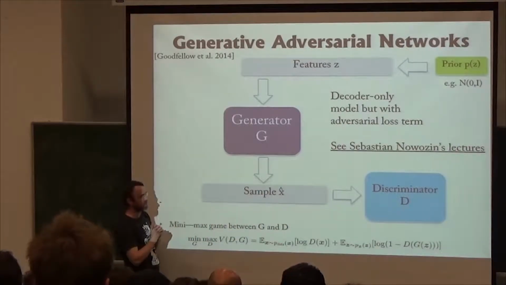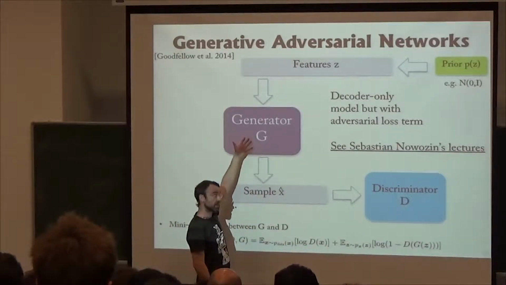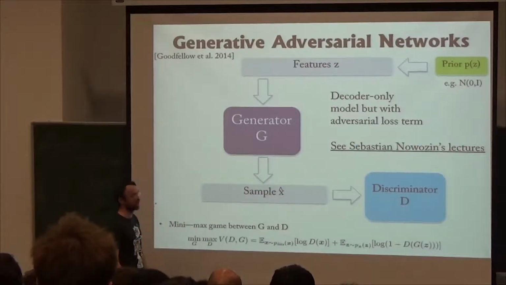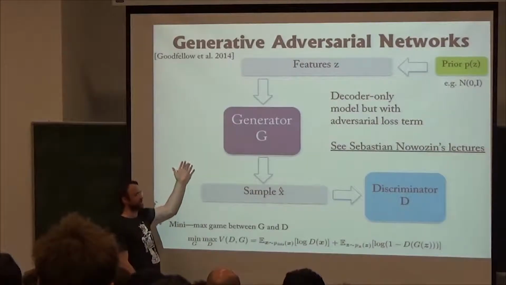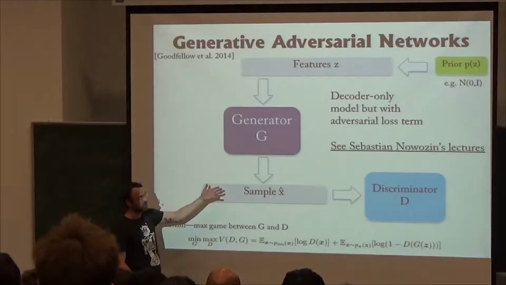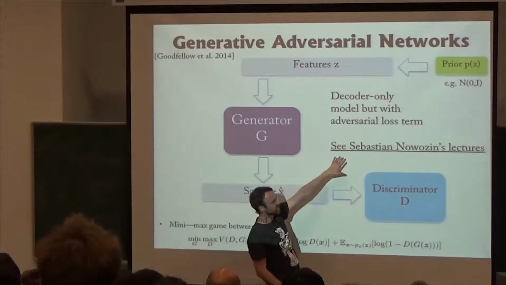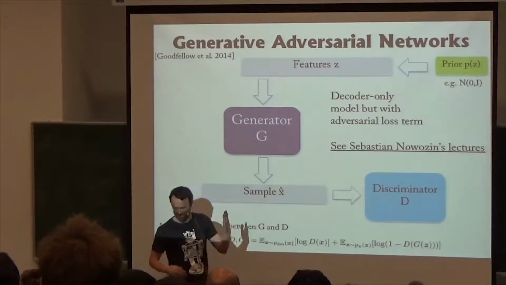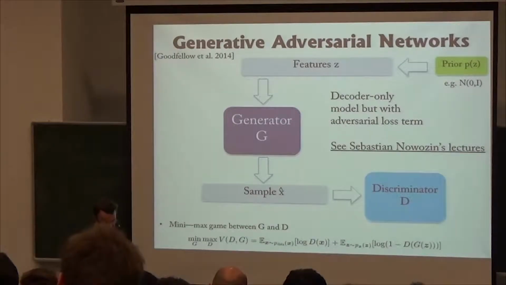And it turns out, somewhat surprisingly, you can train these to generate really good examples of quite complicated domains. They can generate pretty high-resolution images, or molecules and so on if you have the appropriate generators. I'm hoping Sebastian will talk a bit more about GANs in his lectures, since he said he was going to talk about them in the schedule.